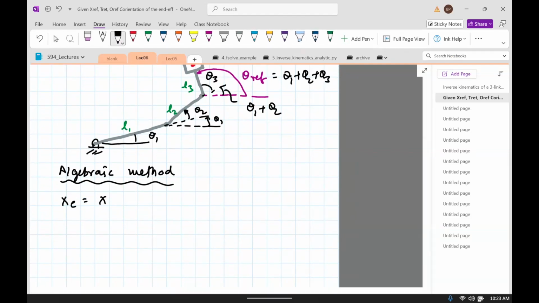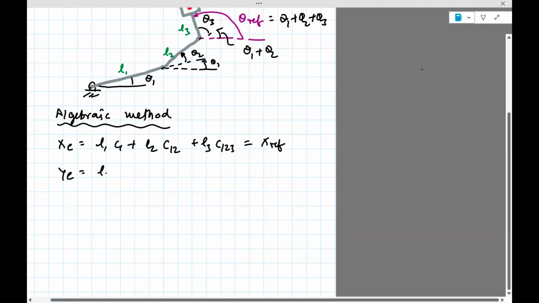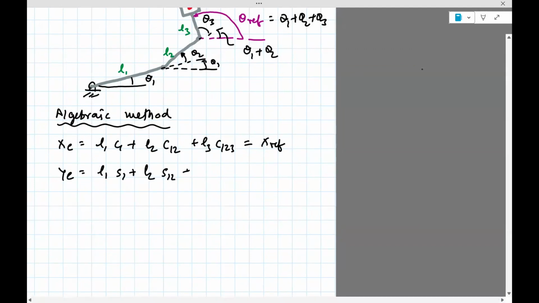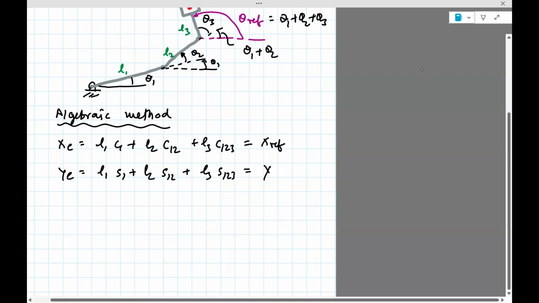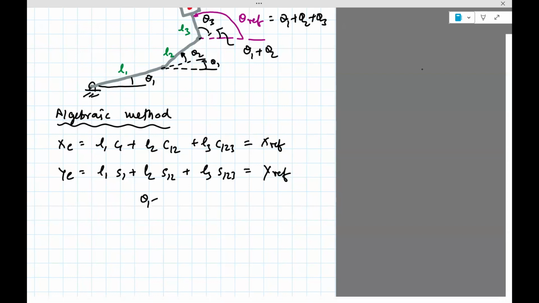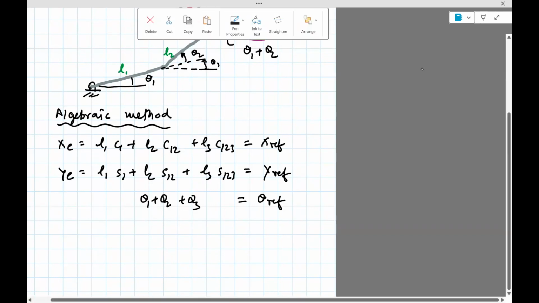x_e equals L1 C1 plus L2 C12 plus L3 C123 equals x_ref, right? That's given. And then y_e equals L1 S1 plus L2 S12 plus L3 S123 equals y_ref. And then the last one is that theta 1 plus theta 2 plus theta 3 equals theta ref. Okay, so three equations, three unknowns.